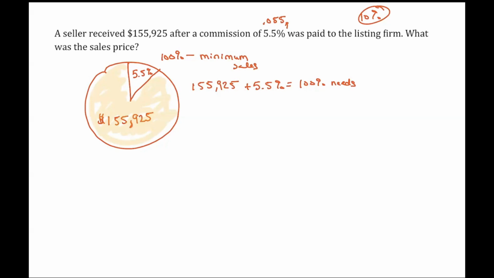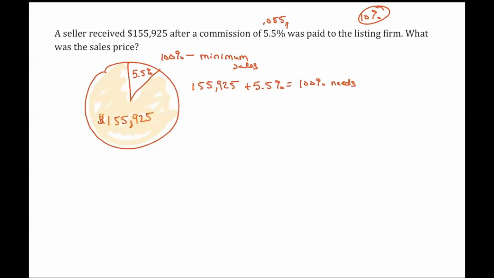The entire sales price. So does that make sense why you can't do the 5.5%? You can't find 5.5% of the 155,925 because you're finding 5.5% of the smaller number and we want 5.5% of the larger whole number. Great.